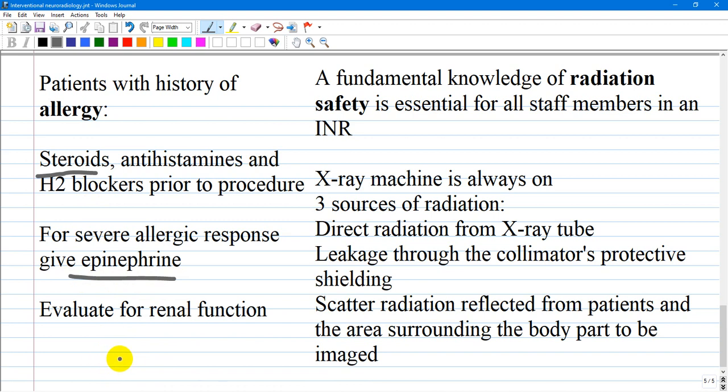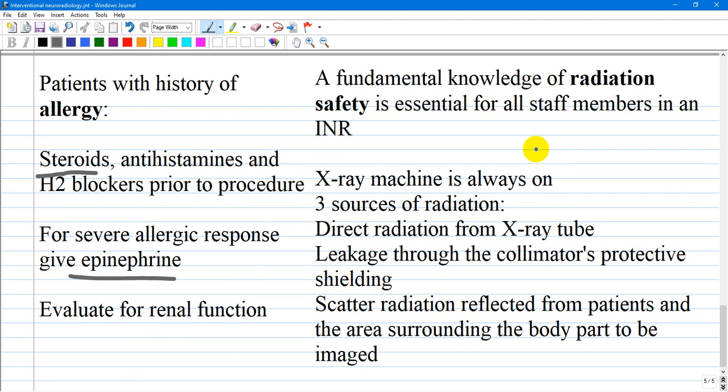And the patient's renal function should be evaluated before the procedure due to nephrotoxicity of the contrast agent, and patients coming from the intensive care unit may be intubated, mechanically ventilated, and have intra-arterial catheters and other extravascular devices in place.